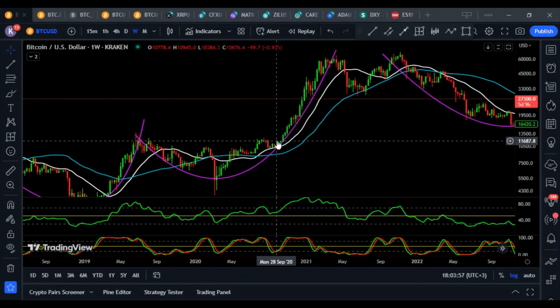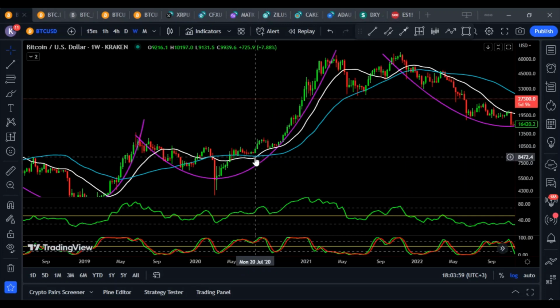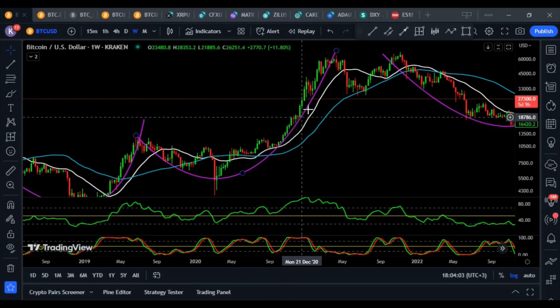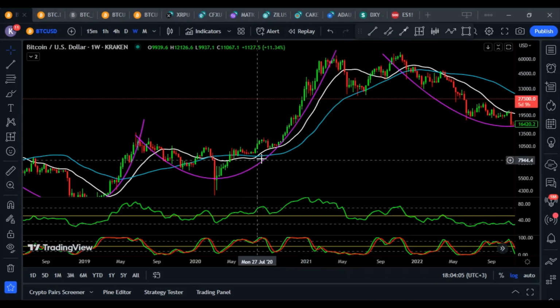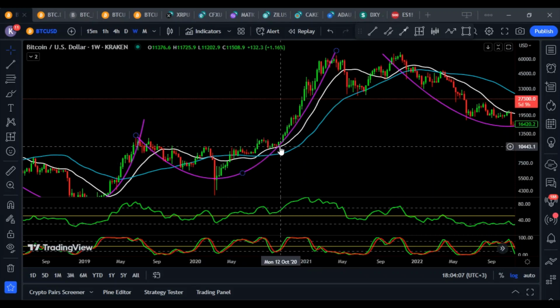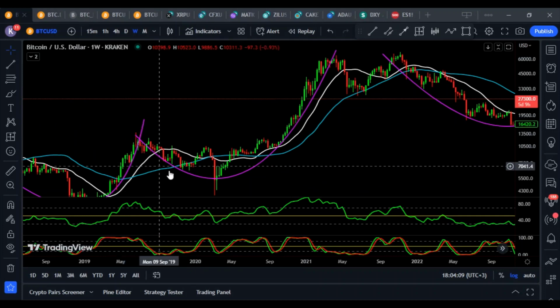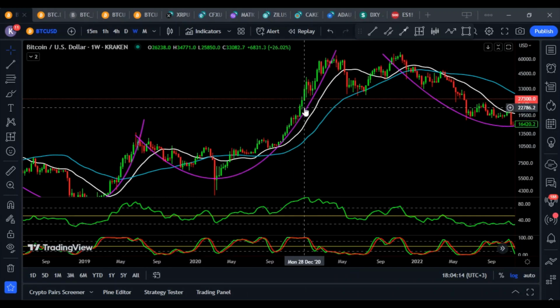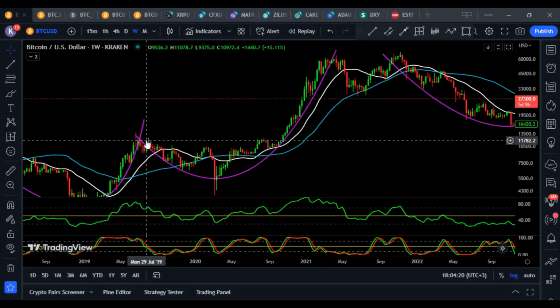So that 20-week moving average did support us, did confirm, came back to retest. So always remember, catch-up game with the 20-week moving average and a path projection by our inverted purple curve, or color, whatever you want to call it.